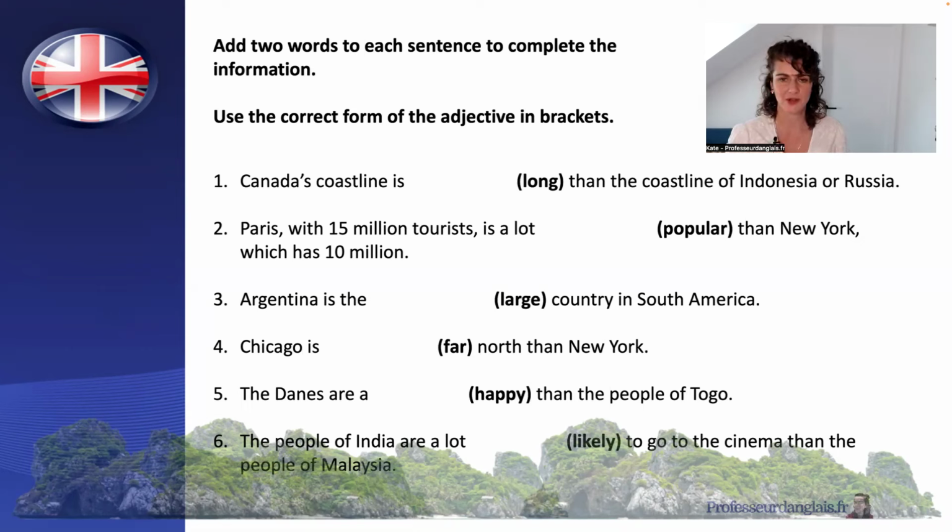Okay, let's see how you got on. Number 1. Canada's coastline is much longer than the coastline of Indonesia or Russia. Number 2.